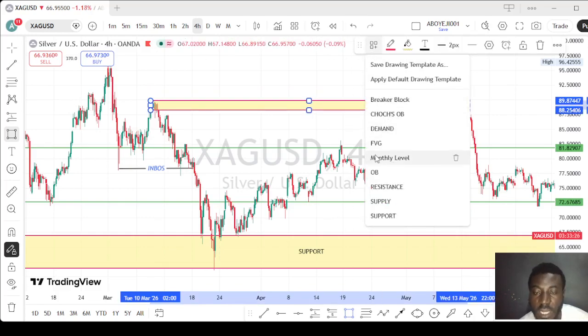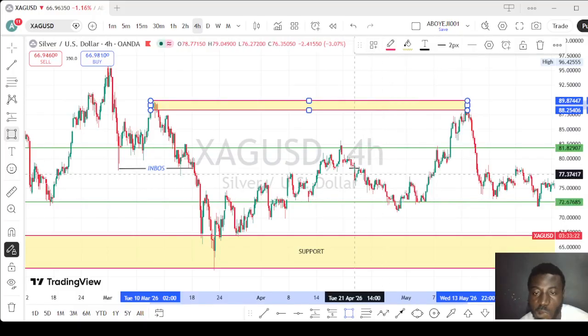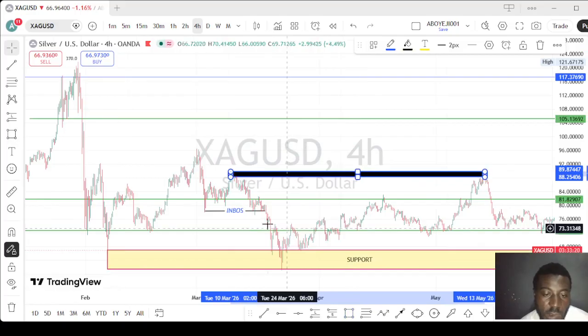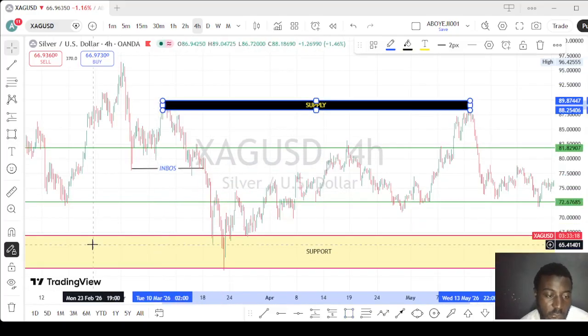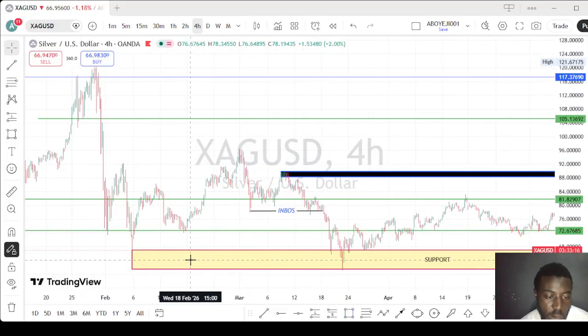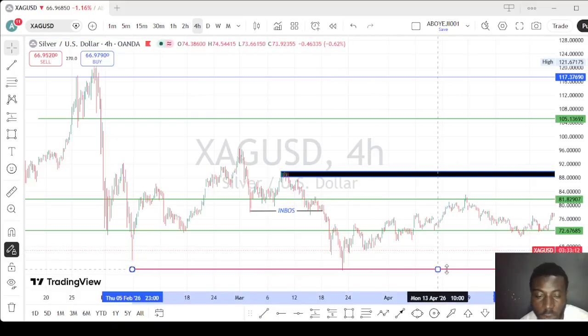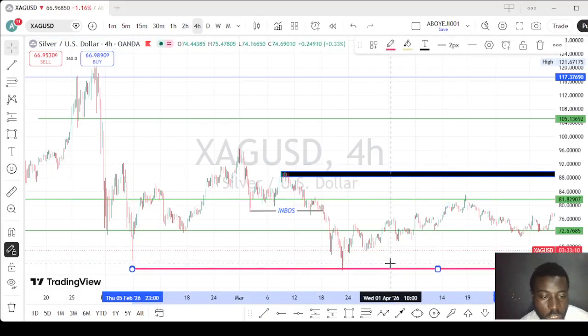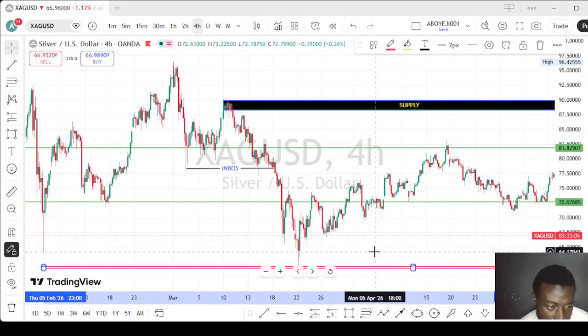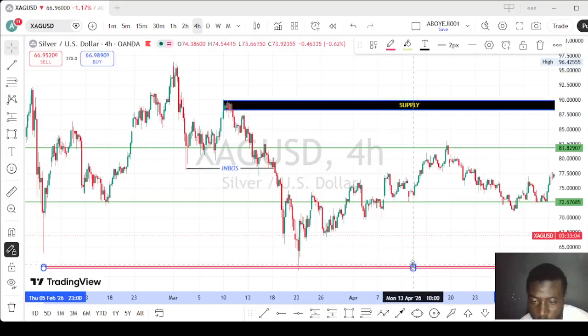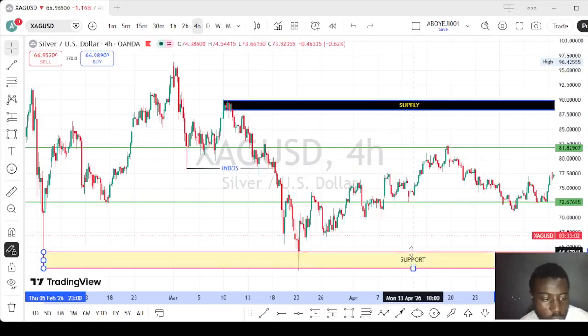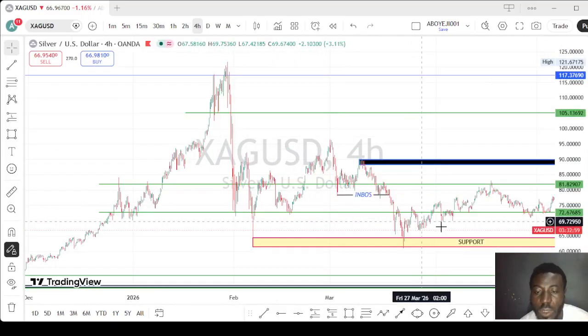On the 4 hour, you can see this supply is just a liquidity sell for me on the 4 hour time frame. You can see a liquidity straight on the 4 hour time frame. But before we can sell a liquidity, you guys be patient.